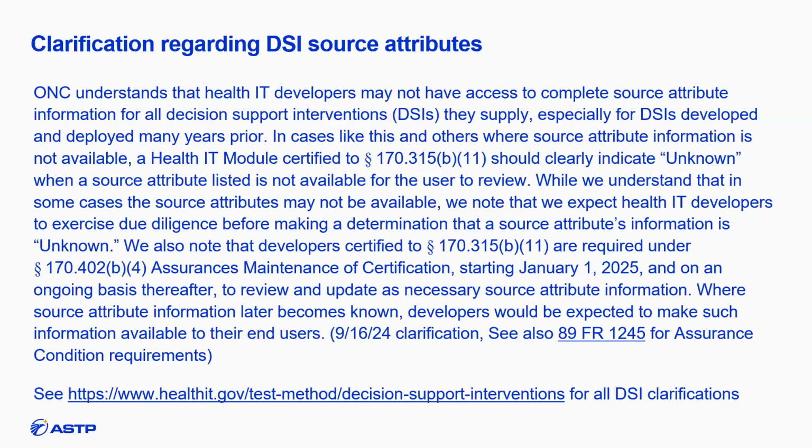Where source attribute information later becomes known, developers would be expected to make such information available to their end users. And then we provide a hyperlink to that section of the HTI-1 final rule, and a link to all of the other clarifications that we've provided on the ONC certification program website.